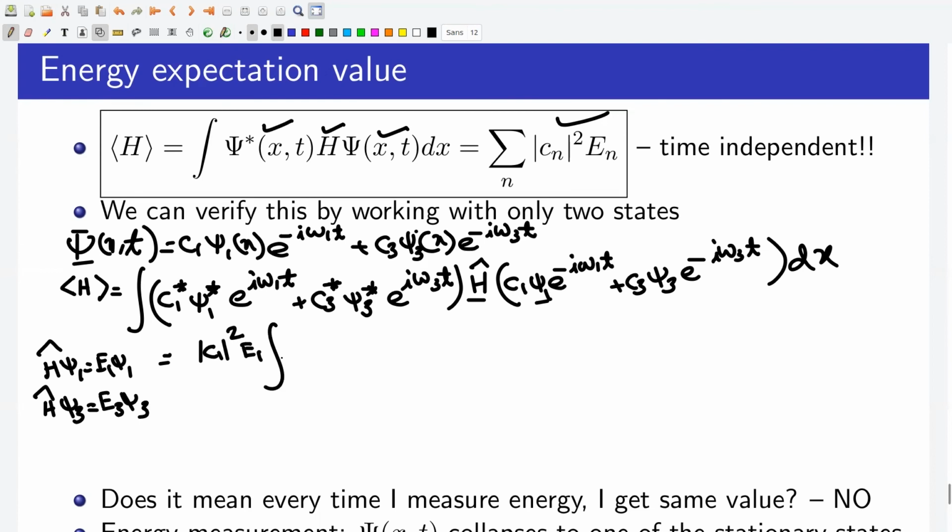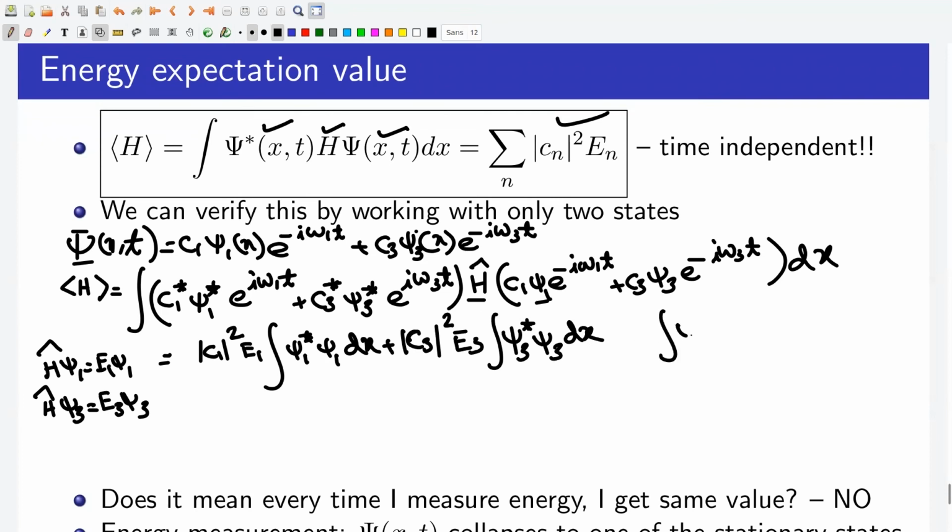E1 integral psi 1 star psi 1 dx plus mod C3 square E3 integral psi 3 star psi 3 dx. Now you have some other terms which will have psi 1 star psi 3 dx and psi 3 star psi 1 dx.